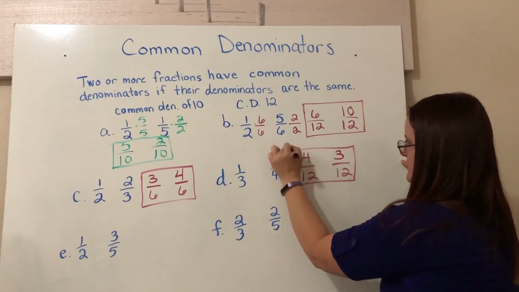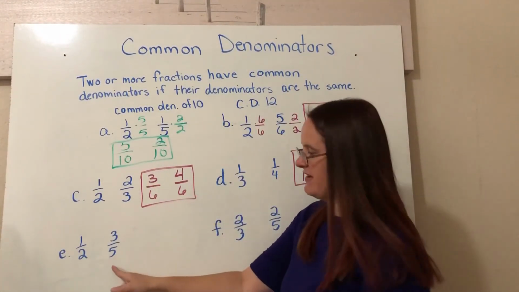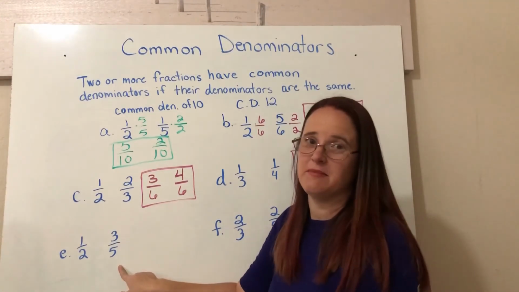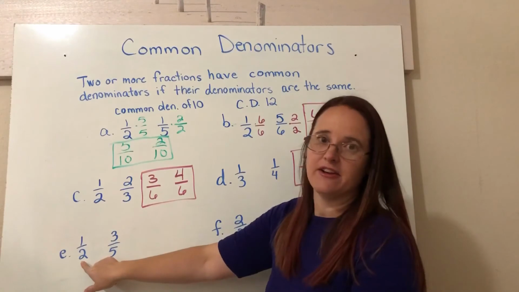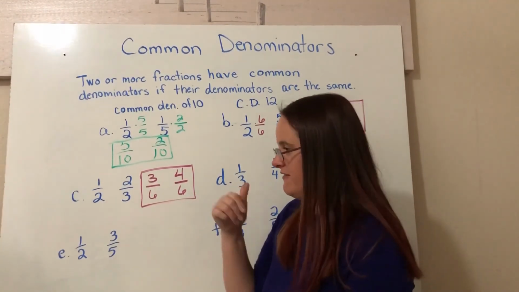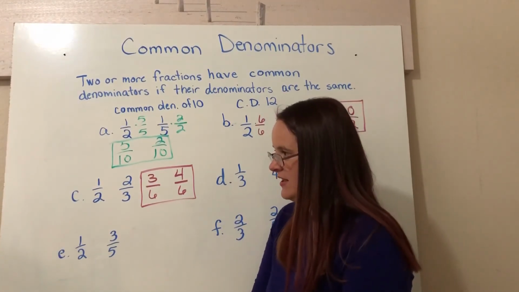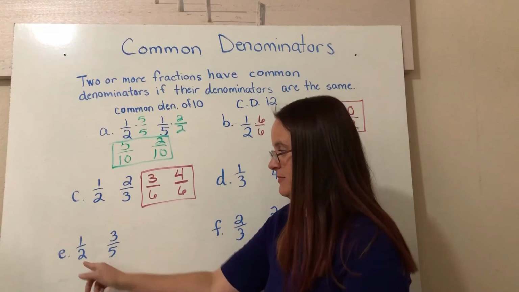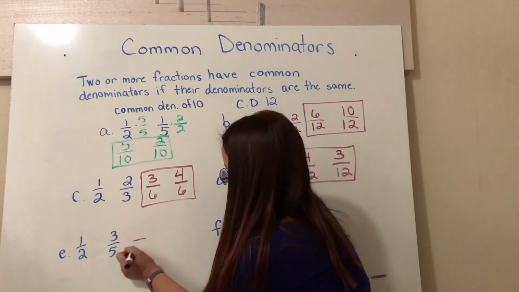There's my answer. Okay, 2 and 5. Let's count by 5s. I'm picking the bigger denominator to count by to decide if the little denominator is also a factor of those numbers. So, 5. Can I multiply 2 times anything to get 5? No. 10. Can I multiply 2 times anything to get 10? 5. Yes, I can multiply times 5.